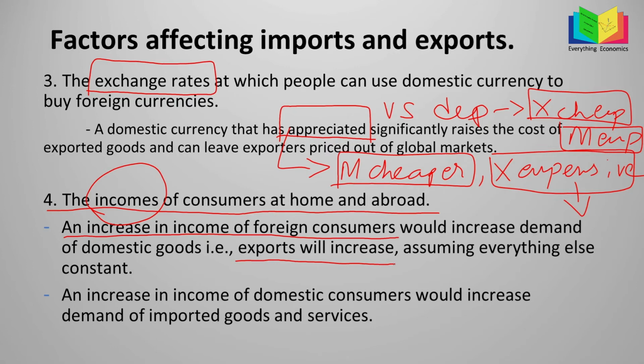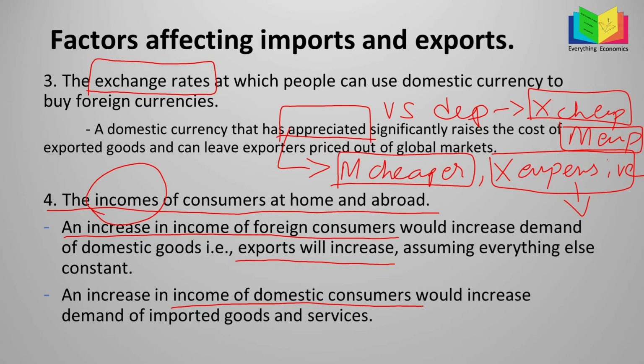Therefore, if the consumers in United States are becoming richer, then they might increase the demand of Chinese products. Therefore, the exports in China will increase, and the imports for United States would increase. In the second case, an increase in income of domestic consumers would increase demand of imported goods and services.